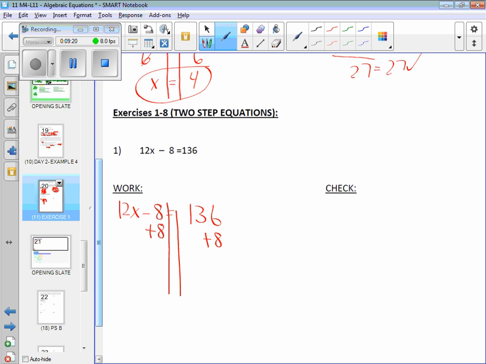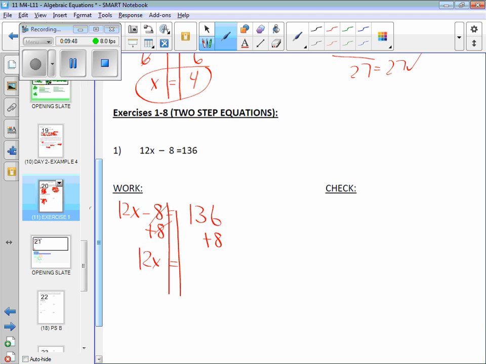What cancels? Come on, minus 8 plus 8. What's still left on that side? I still have to do 136 plus 8.